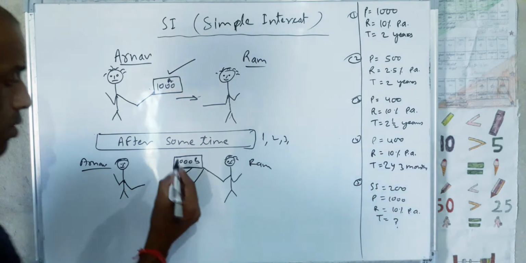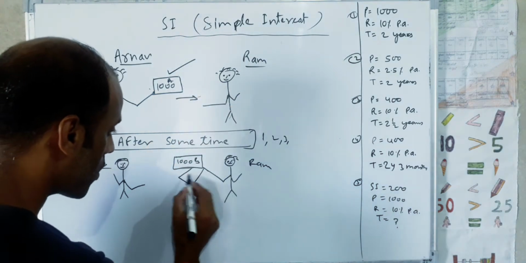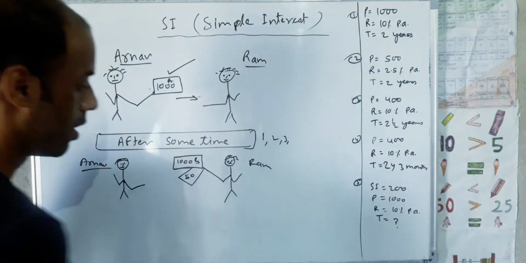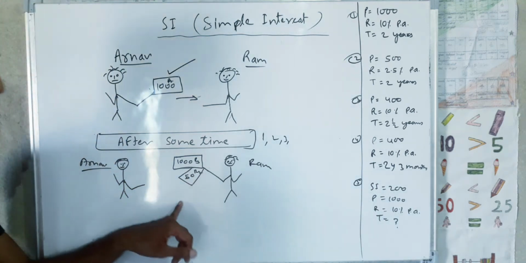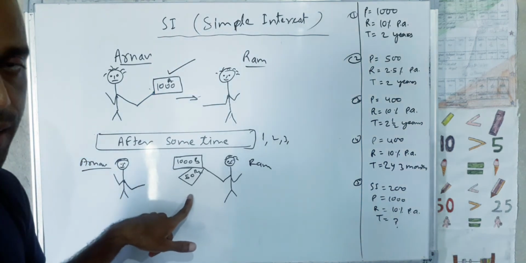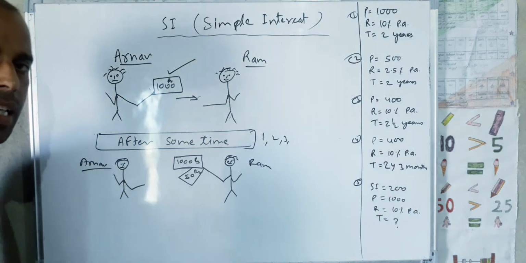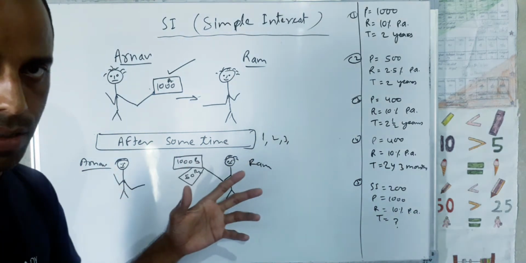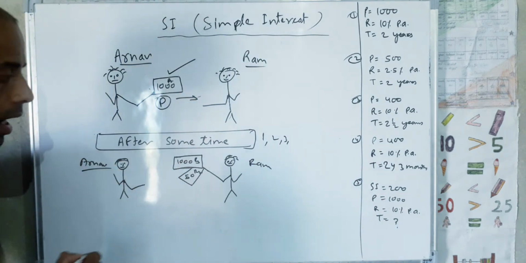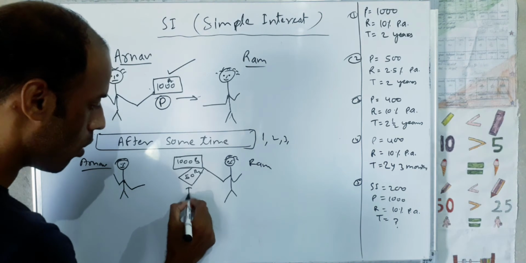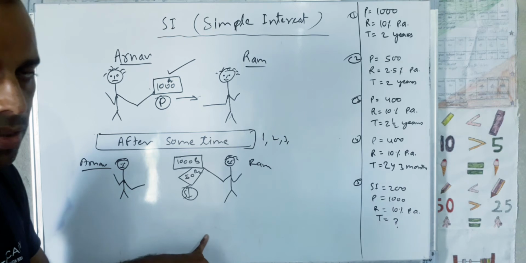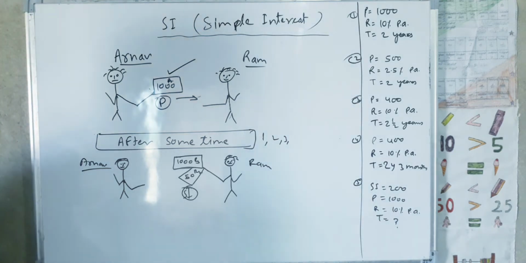So suppose he will pay rupees 50 extra. 1000 rupees this and 50 rupees extra. This 1000 rupees is called principal and this 50 rupees is called interest, means SI, simple interest.